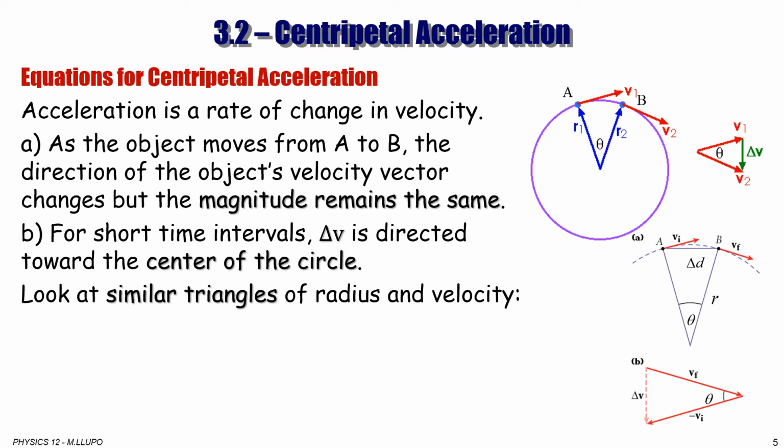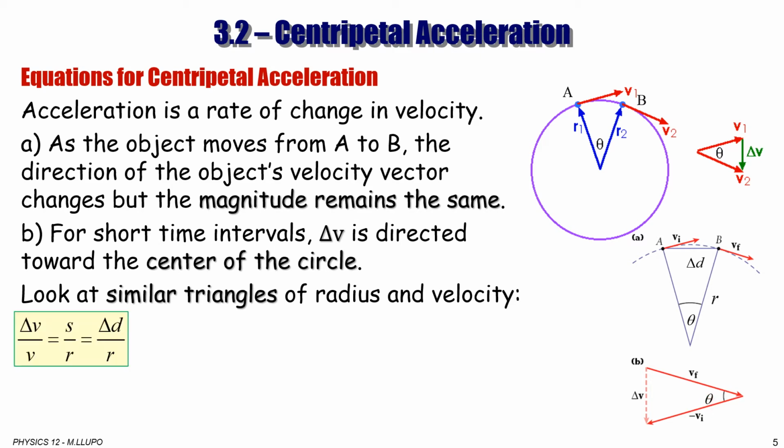Because those vectors are perpendicular to their respective radius. As they are perpendicular to their respective radius, the angle between them has to be equal to the angle between the two radii. So we have two triangles with equal sides, and the angle between those equal sides is equal to that of the other triangle. So those two triangles are similar triangles.